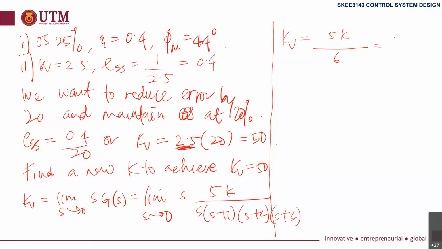We want Kv equal to 50. Therefore, K is 60.